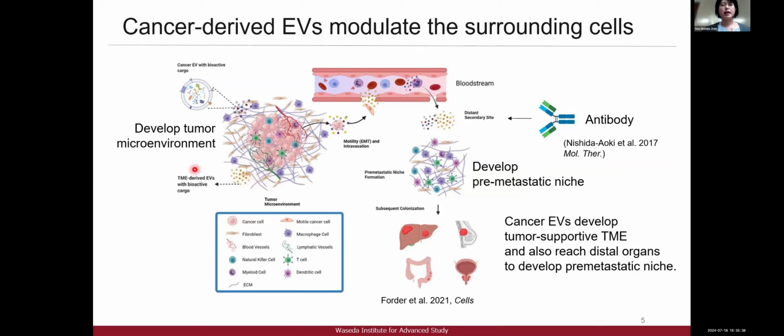Further, the secreted EVs travel systemically via the bloodstream or lymphatic flow to reach distal organs and alter the environment to support cancer cells to metastasize and grow there. After reaching the distal organs, the cancer cells further secrete EVs to modulate the surrounding cells and establish a more tumor-favorable environment.